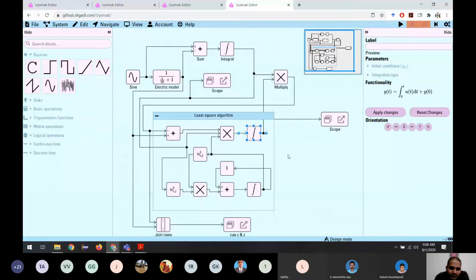For that, not all the blocks are allowed. There are certain blocks they allow. So if you use some hardware blocks, it will say this is not allowed for real-time desktop simulation. Okay. Yeah, but maybe you have to explore it. The toolbox is called real-time desktop, something like that in MATLAB.